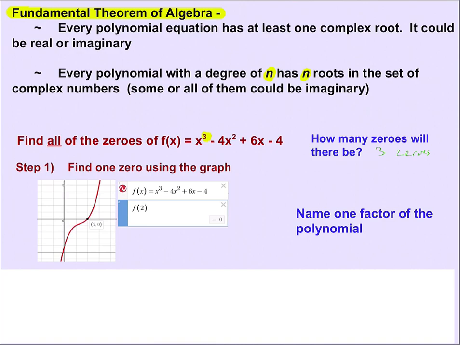You can check it on Desmos on your own. And just by looking at the graph and verifying it in Desmos, we can see that 2 is an x-intercept. There's an x-intercept at x equals 2, which means f of 2 equals 0, which means x equals 2 is a zero. And one step farther we can go is one of the factors of that polynomial is x minus 2.